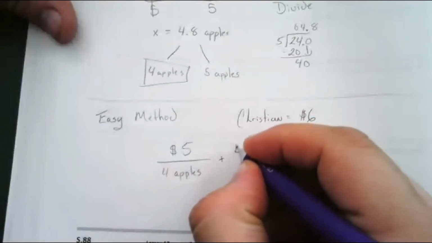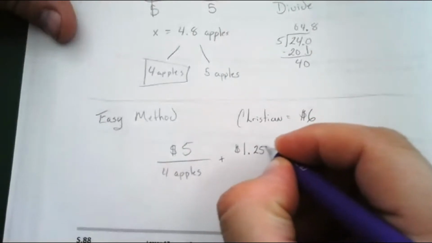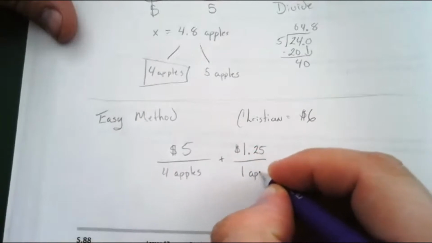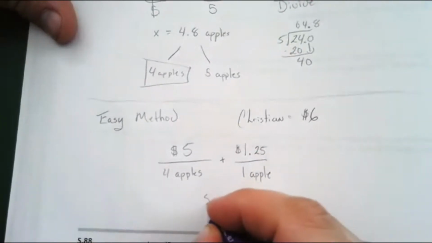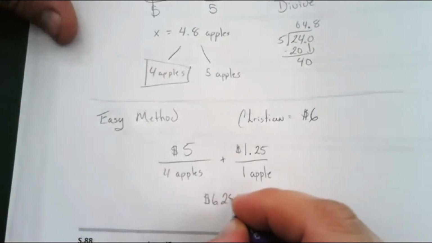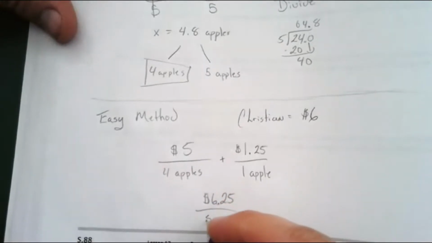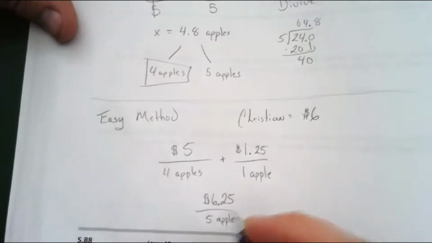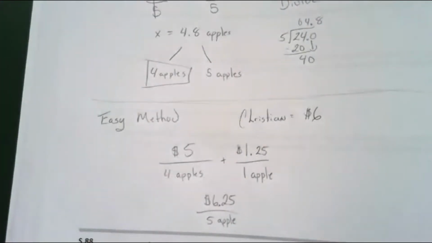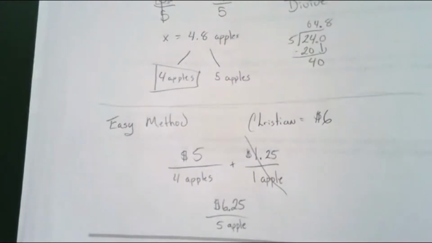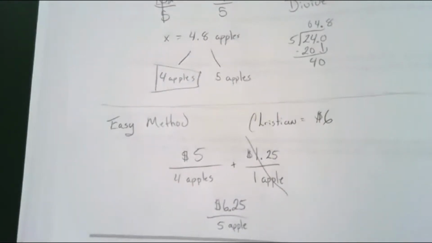So if we take $1.25 and add 1 more apple in, we find out that you need $6.25 to get 5 apples. Does Christian have $6.25? No, he doesn't. So he can't afford that extra apple. That extra apple is completely unavailable to him. He can only afford to buy 4 apples because he's got $6.